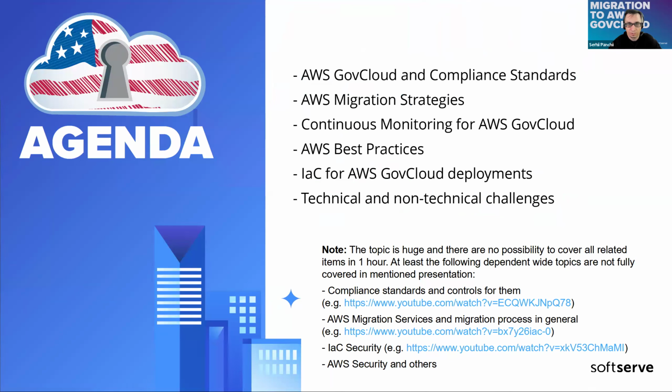We will begin with a look at AWS GovCloud compliance posture and isolation model. Then we will discuss the key migration strategies and some notable differences from commercial AWS regions. After that, I will walk through key best practices, monitoring capabilities, infrastructure as code options, and finally, we will close with a deep dive into common technical and non-technical challenges.